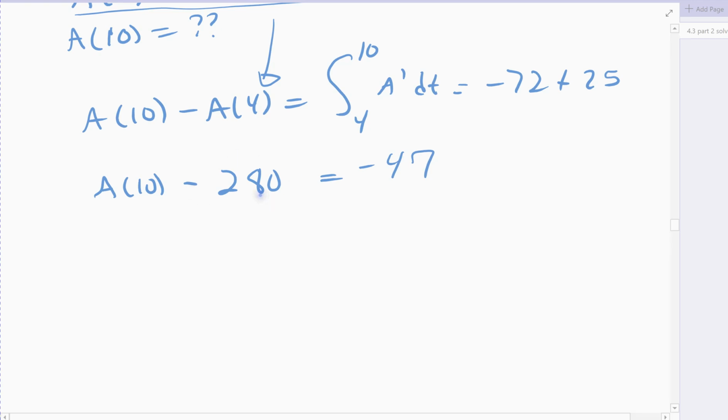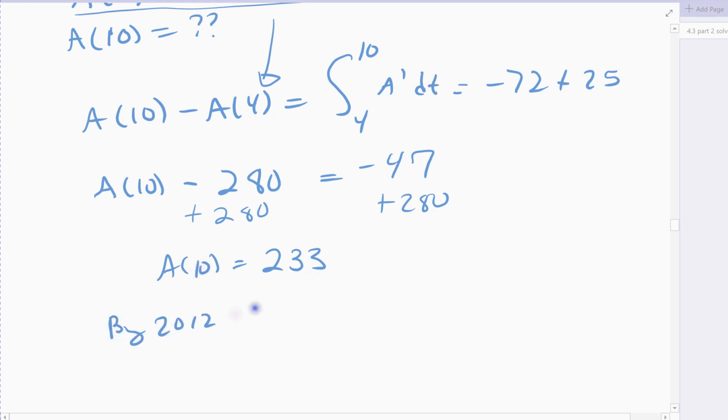But it started out with 280, and so I add the 280 to the other side. And so A10 equals 233. And so that means by 2012, they had 233,000 in donations.